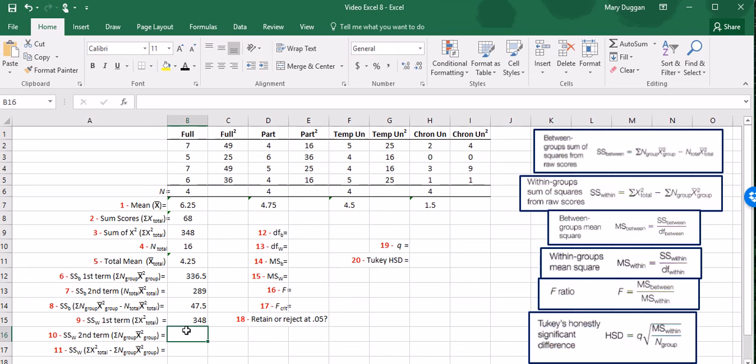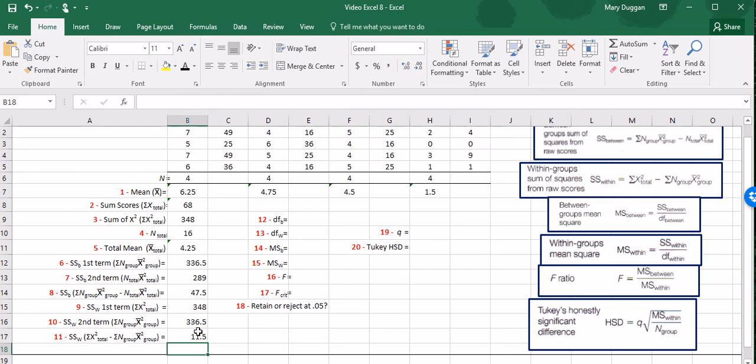So I'm going to steal that number as well. Okay, and so to finish out our sums of squares within, we're going to simply subtract the formula parts. So we've got 348 minus 336.5. And so our sums of squares within is equal to 11.5.